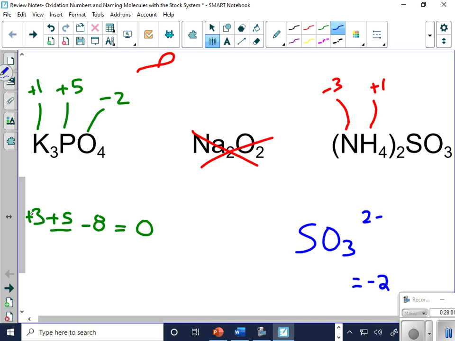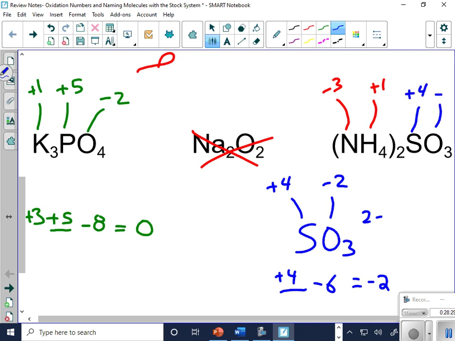Oxygen's not a peroxide, so it's a -2. -2 times 3 is -6. What's going to give me a correct equation there? It's going to be a +4. +4 minus 6 gives me a -2. So as I go into here, I put a +4.